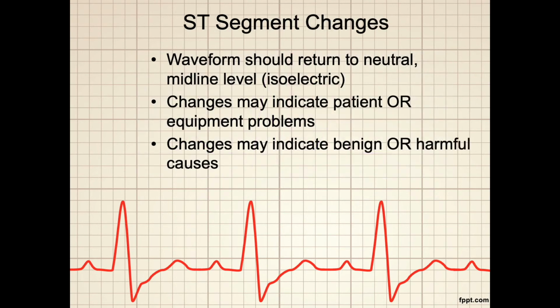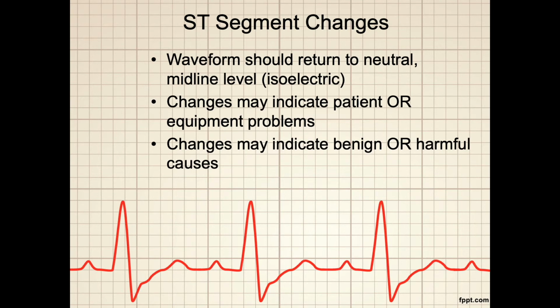Because the ST segment should return to the neutral midline level, that is the isoelectric line. Changes may indicate the patient has problems or their equipment problems. And these changes may be benign or they may be very harmful. So care should be taken when evaluating the ST segment.